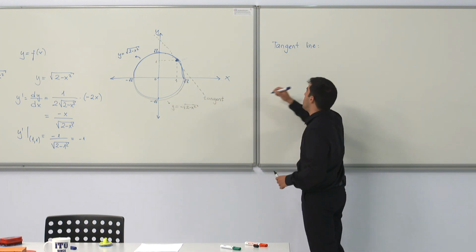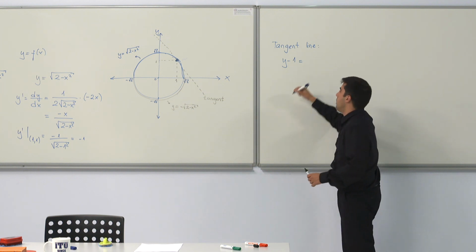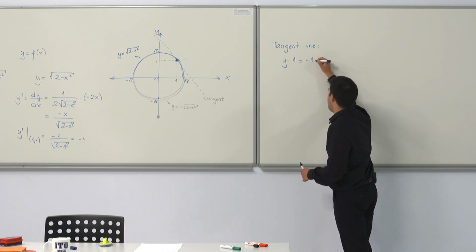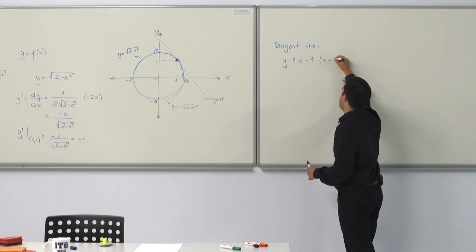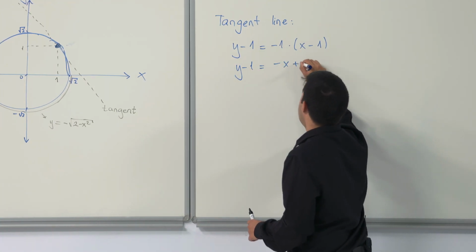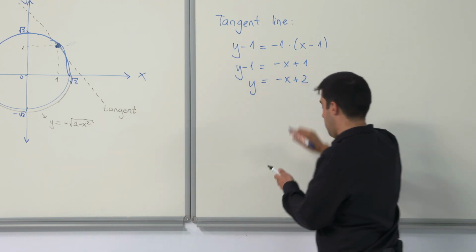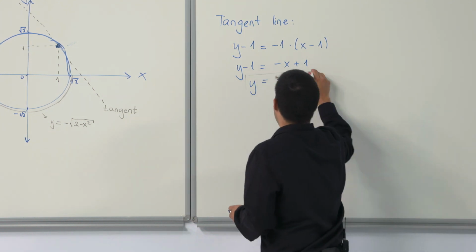The point is (1, 1), so y minus 1 equals the slope times x minus 1. So this is y minus 1 equals minus x plus 1. So y equals minus x plus 2. So that's our tangent line.